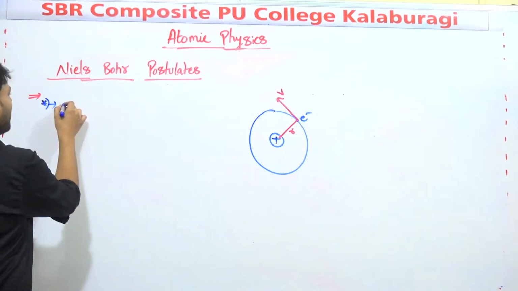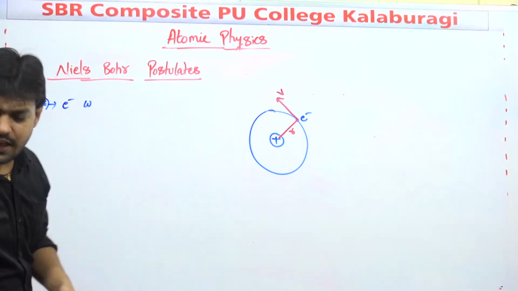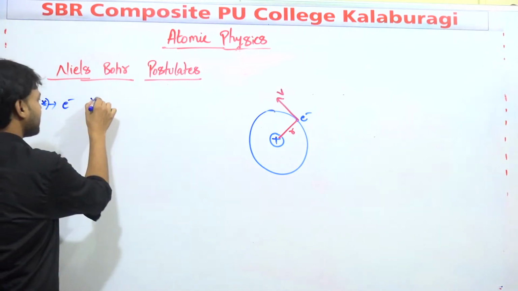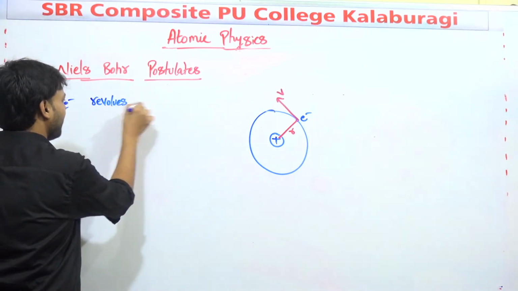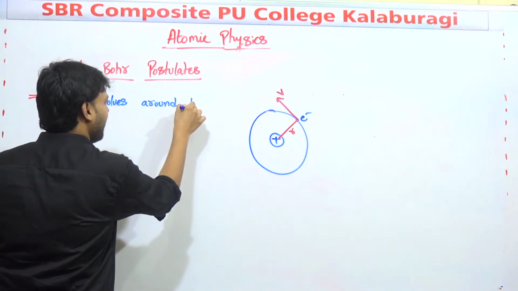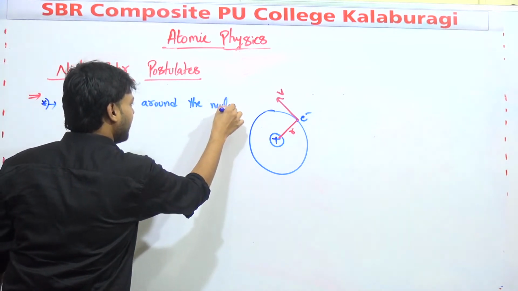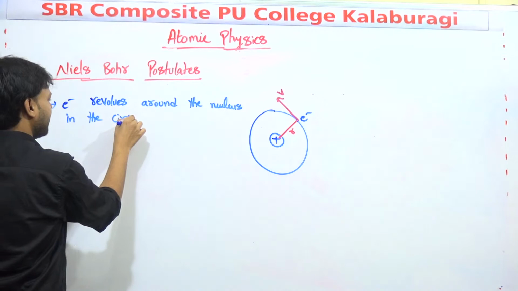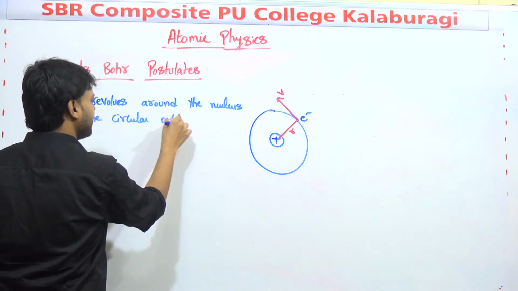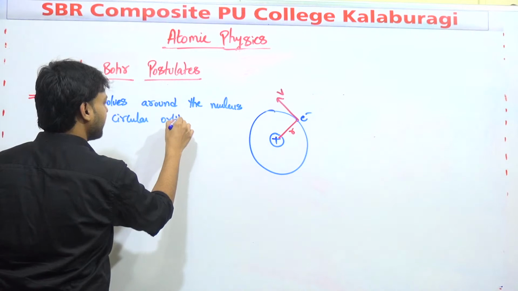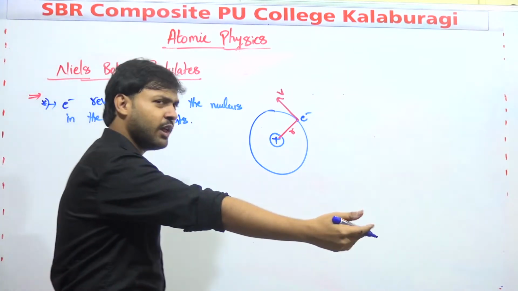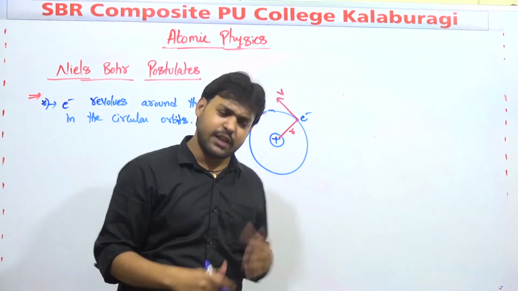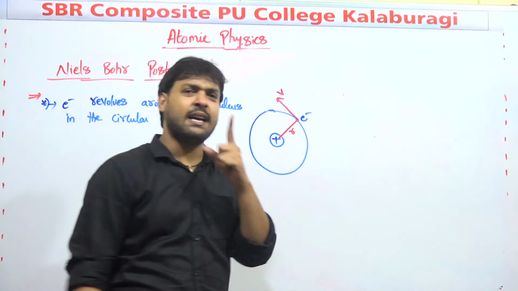Electrons revolve around the nucleus in circular orbits. What we studied in the Rutherford model, the same he took as his first postulate. Why? Because that is correct. No changes required there. So electrons definitely revolve around the nucleus in circular orbits.